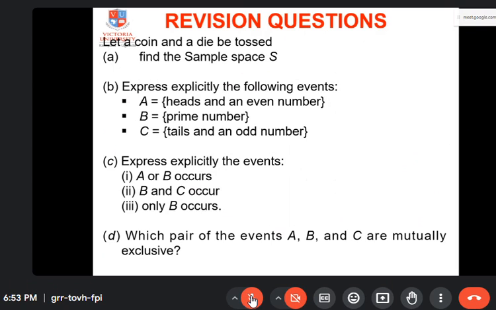Okay. Then we can go to part B. Can you tell me events or points which are in that event where you have heads and an even number? Heads and an even number. So what will you have there?